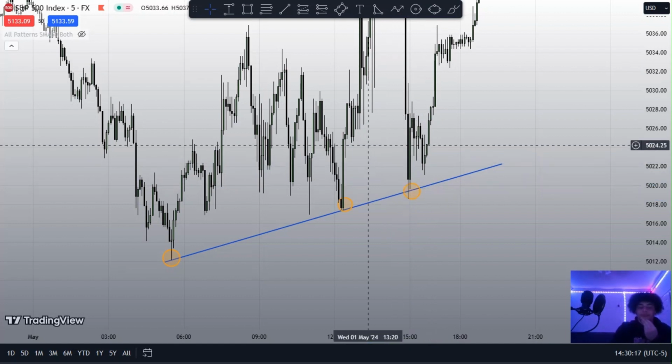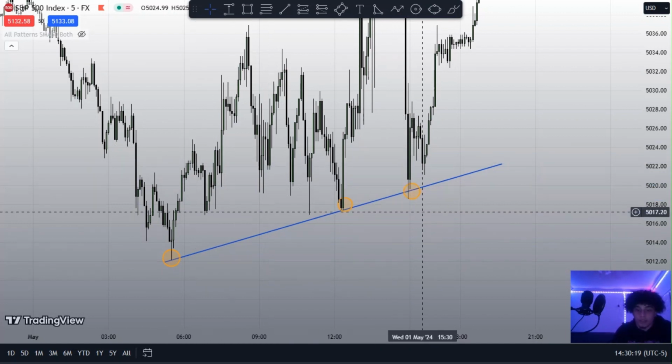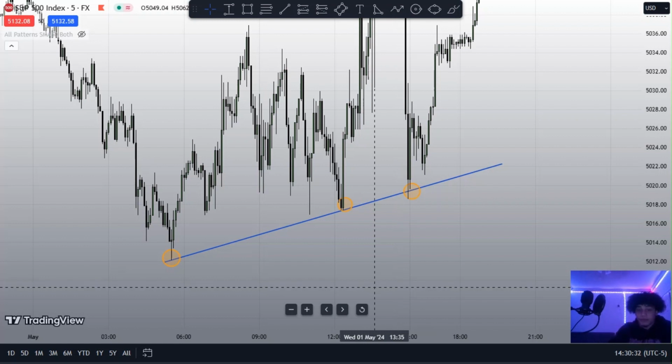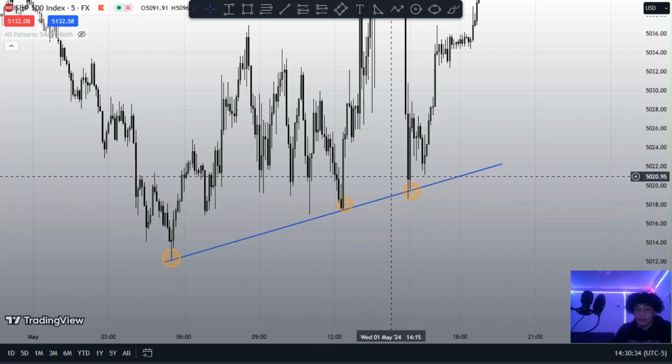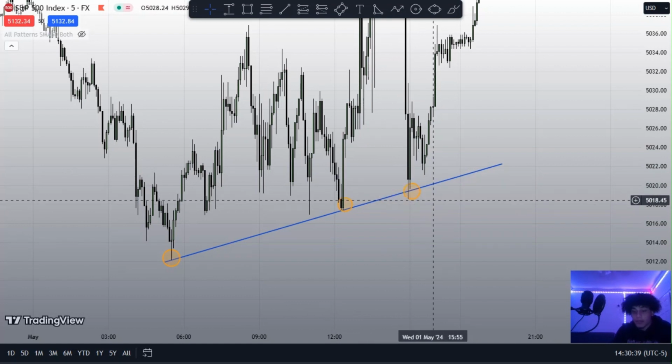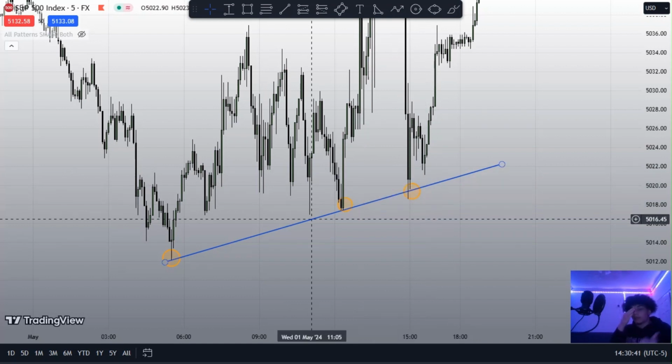All right. And also, as you can see, there's a wick past it. So just like I said, even if there is a slight wick past it, as long as price didn't close below it and it pushed above, and then closed above instead of staying down here and closing down here and then branching off to a new candle, then it's good.